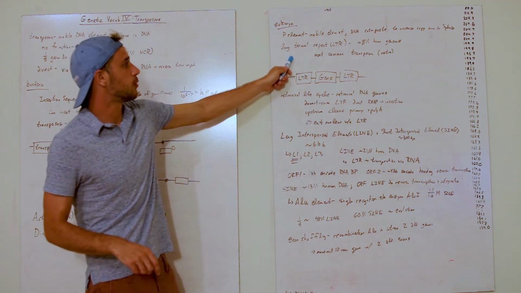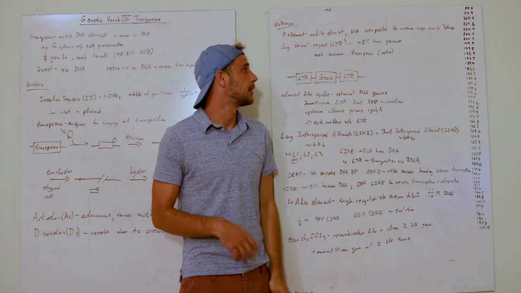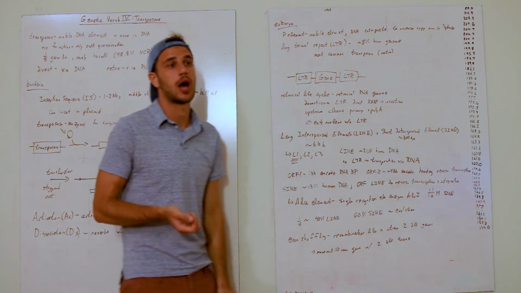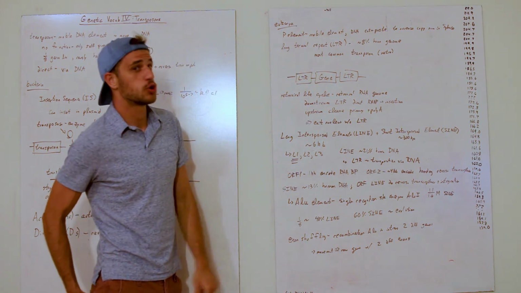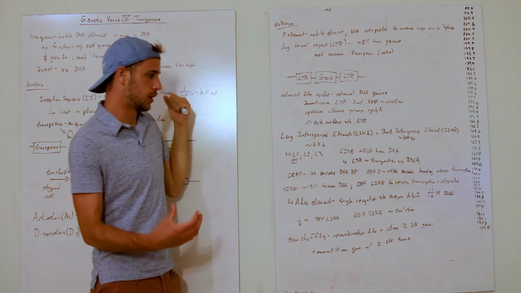These long terminal repeats account for about 8% of the human genome, and they are some of the most common transposons, which are also retrotransposons, which use RNA to insert.